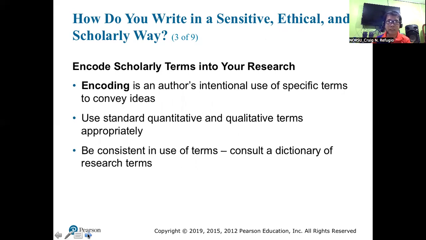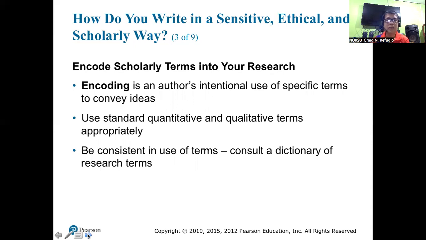In quantitative, there are specific terms intended for quantitative research design, and there are specific terms intended for qualitative research designs. Be consistent in the use of terms.